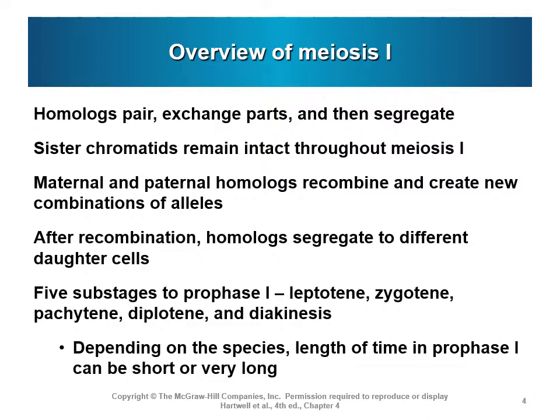And there are five substages to prophase I: leptotene, zygotene, pachytene, diplotene, and diakinesis. Depending on the species, the length of time in prophase I can be short or very long. Now let's look at those in more detail.